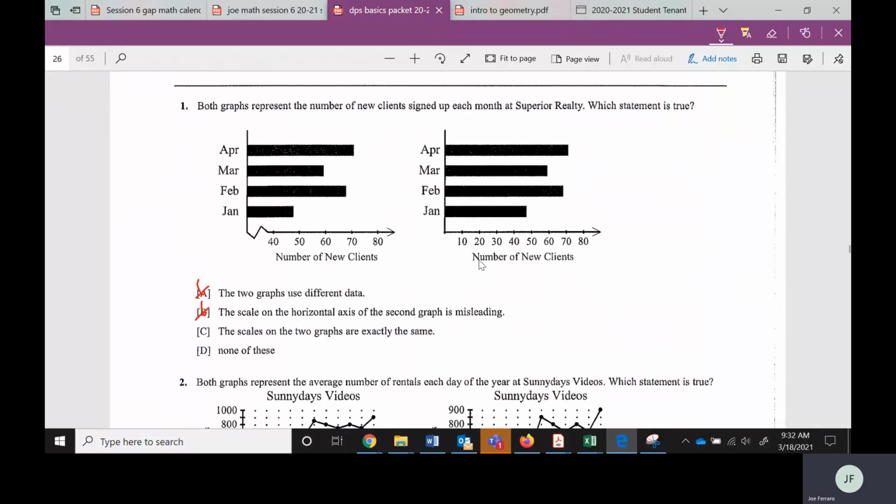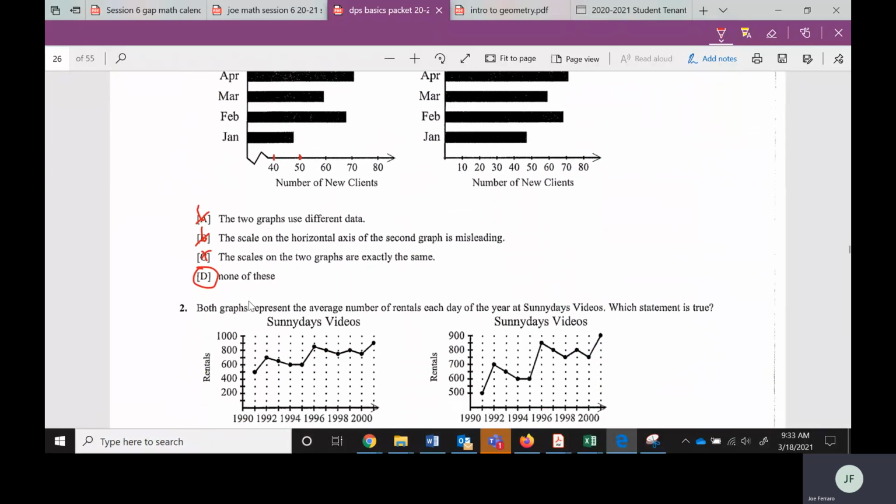No, if you look, this distance on this one is for 1, bigger than over here for 10. And this line here means they skip a bunch. So they just start at a bigger number so they can stretch it out more. It makes it look like there's more differences between the months than there are here. So that's not true. The answer here would be none of these. There's no true statement there.